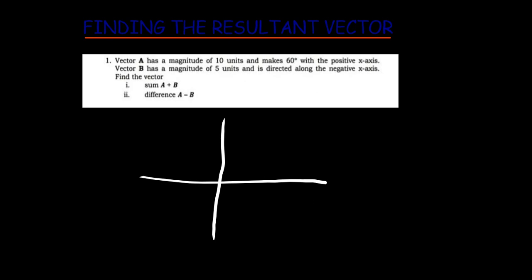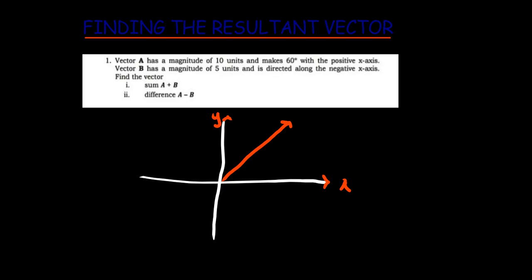So this vector A has a magnitude of 10 units and makes 60 degrees with the positive x-axis. So this is my y and this is my x here. It makes 60 degrees with the positive x-axis, meaning it is in the first quadrant.